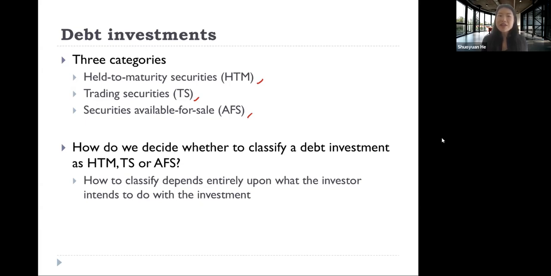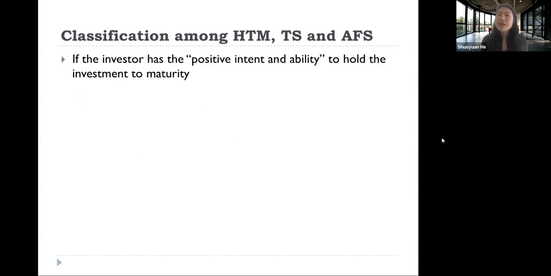And the answer here is that how to classify it entirely depends on the investor's intention, what the investor intends to do with the investment. Specifically, if the party who purchased those debt securities has the positive intent and ability to hold the investment to maturity, then it is classified as held to maturity.